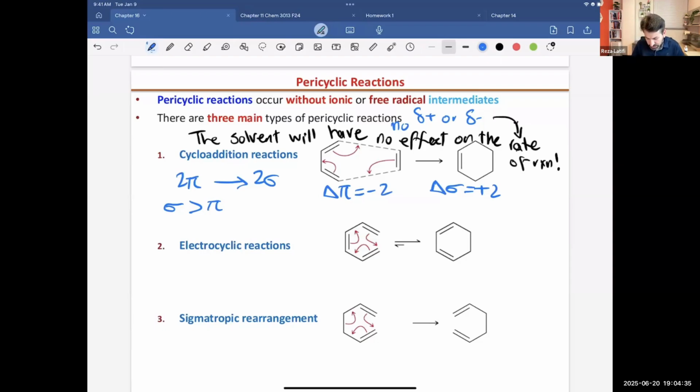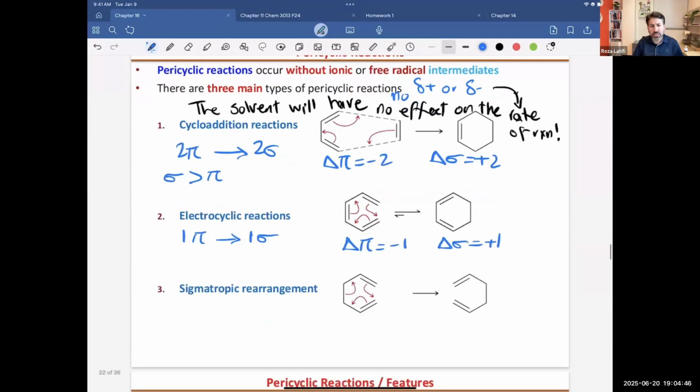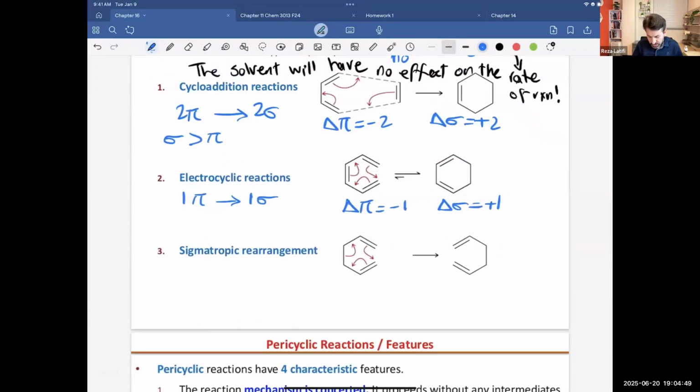The next one will take only one pi bond and turn it into one sigma bond. So the change with pi bonds is -1, while the change with sigma is +1. In the third one, the sigmatropic rearrangement, there is no change in the number of pi or sigma bonds.